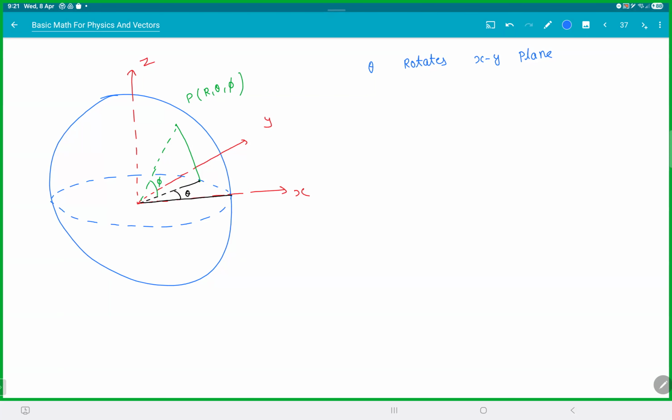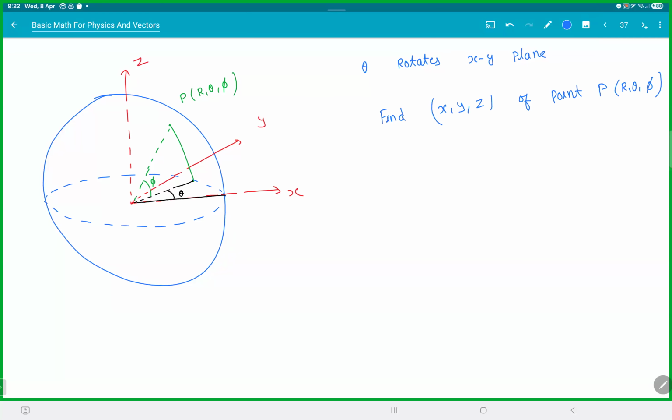Sine theta, cos... No, Anish, you goofed up somewhere. Can you repeat what you want us to find? Find x, y, z coordinates of P. Oh, okay, sir. So the coordinates of P are given in terms of r, theta, phi, but I want you to find them in x, y, z.